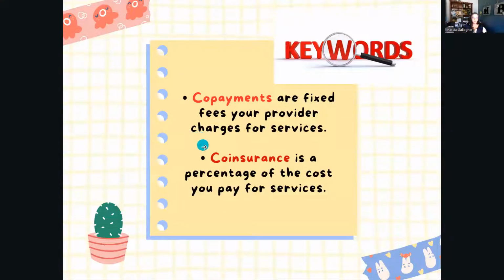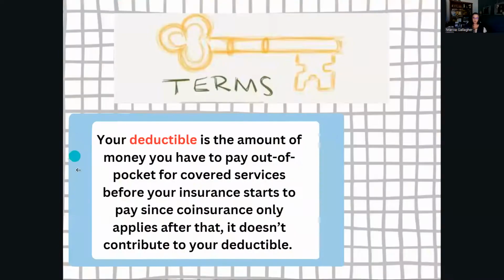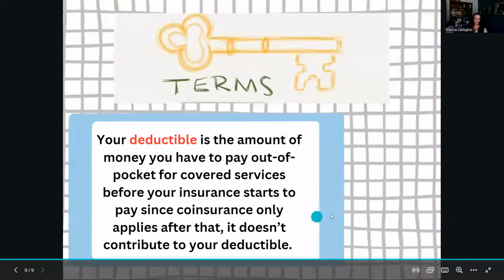Copayments are fixed fees your provider charges for services. Remember, mine's $25. Coinsurance is a percentage of the cost you pay for services, and that coinsurance clicks in after you meet your deductible. Since coinsurance only applies after that, it doesn't contribute to your deductible.